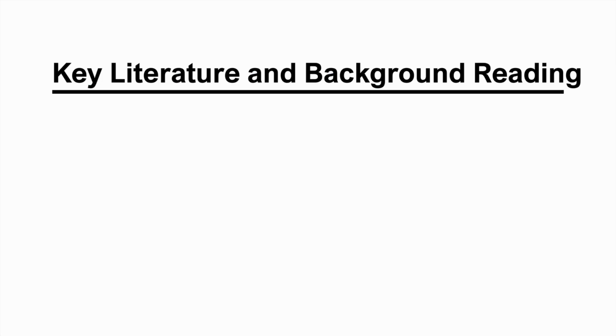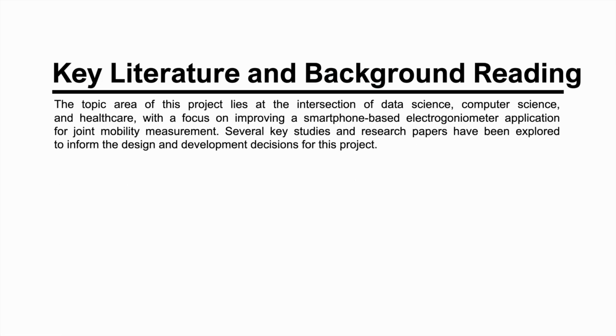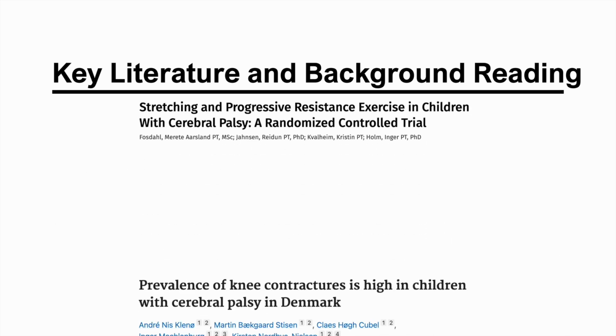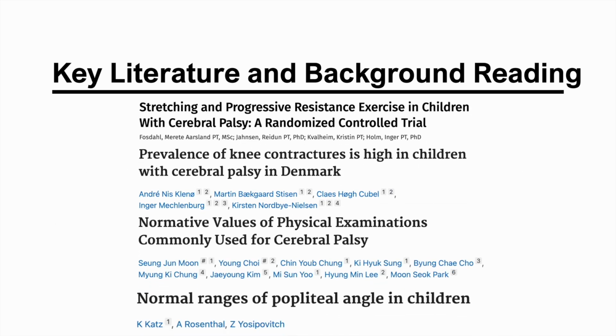For the key literature and background reading, there were several key studies and research papers that were explored to inform the design and development decisions for this project. These studies listed here are very important studies that explain how the popliteal angle is measured in a medical setting, and a lot of doctors have presented their findings in these studies.